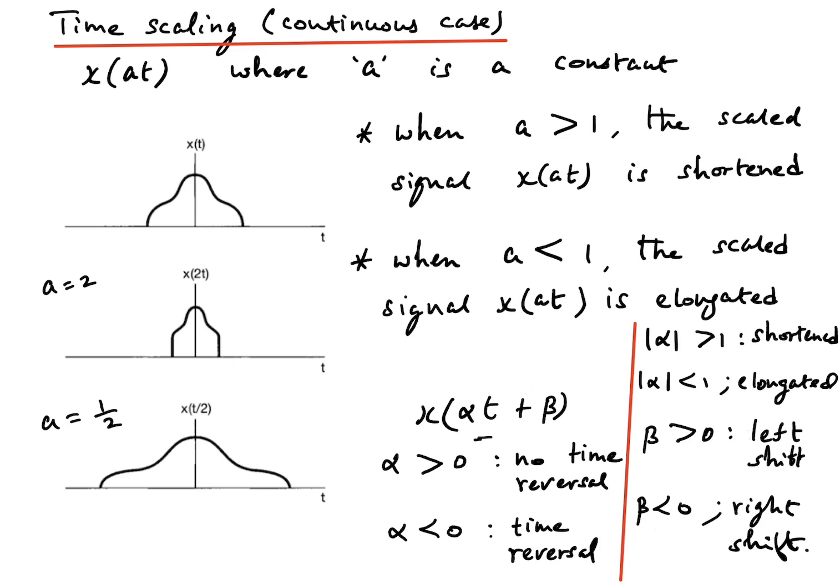The proper way of doing it is first shift it to the left or to the right, and then perform the time reversal and the time scaling operation. So when we have all these operations together, the sequence is first the shift and then the scaling. Okay, now let's have a look at an example and work out all these transformations of the signal, and we will see what the effect is and how to perform these transformations.